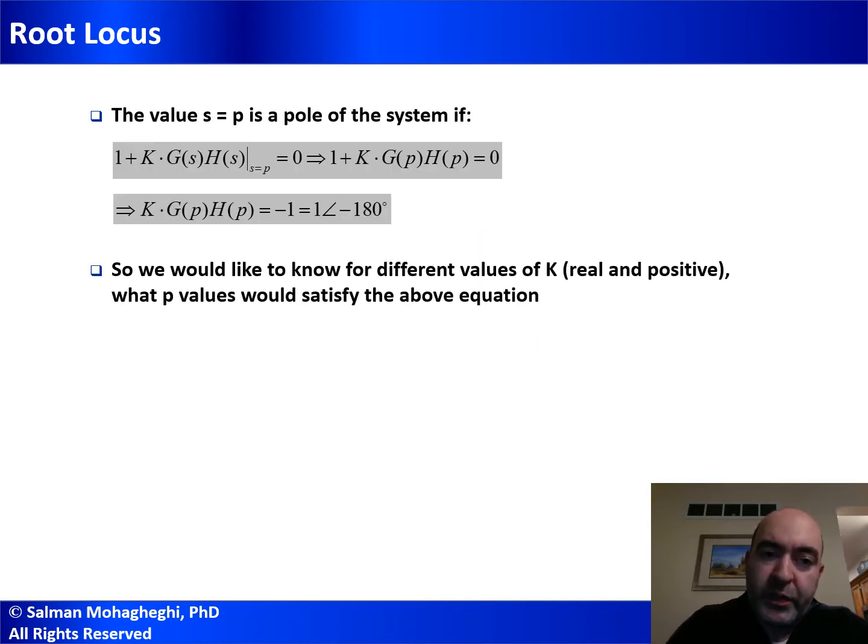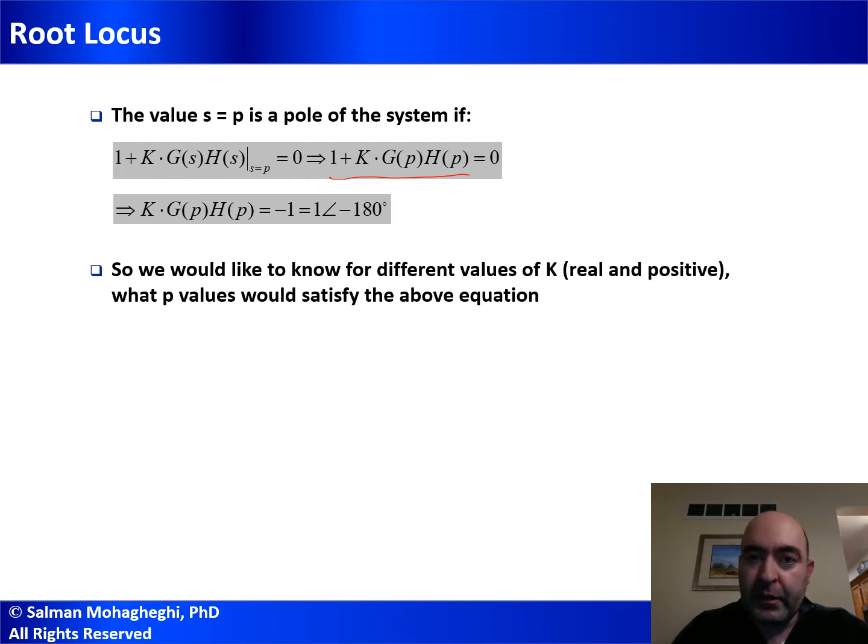So based on what we saw, a value p is a pole of the system if it's the root of the denominator, meaning that 1 plus K times G(s) times H(s) is 0 if I set s to be equal to p, meaning that 1 plus K times G times H, both of which evaluated at p, would add to 0. I can rewrite that equation in the form of K times G times H equals -1.